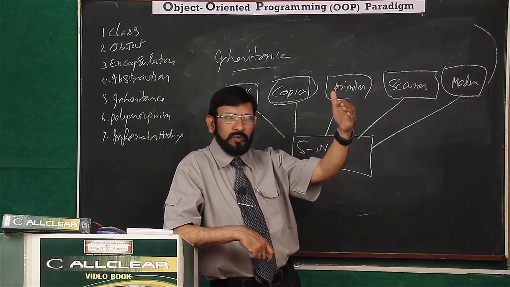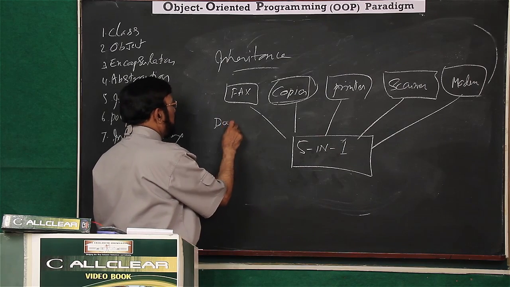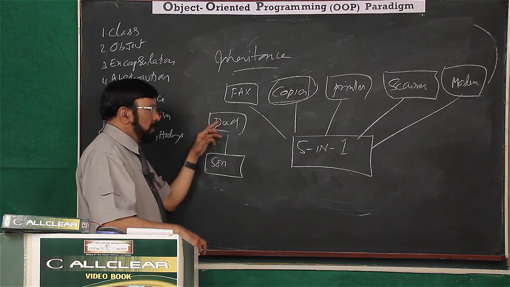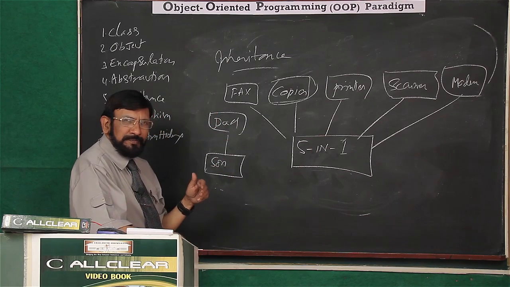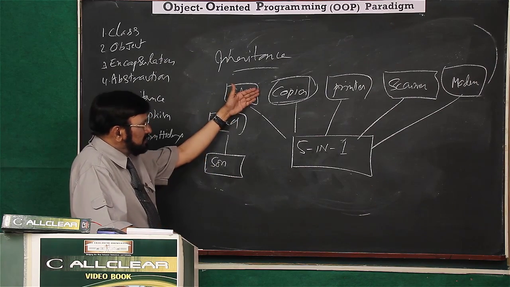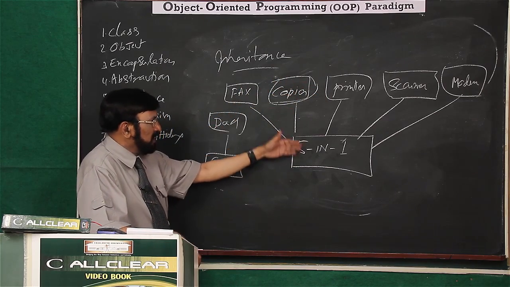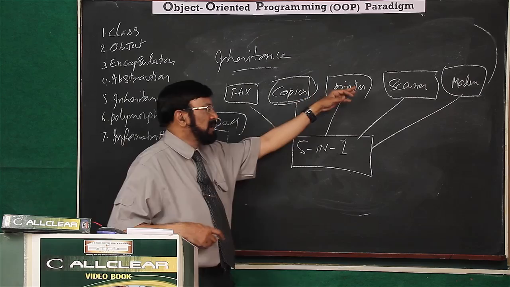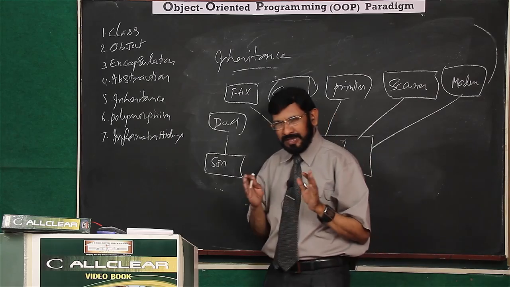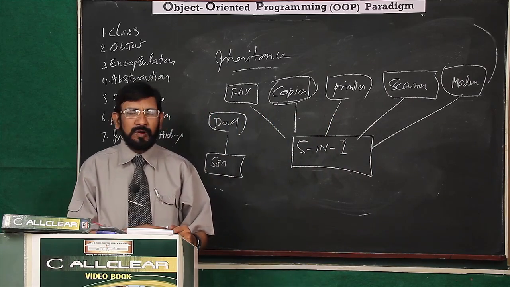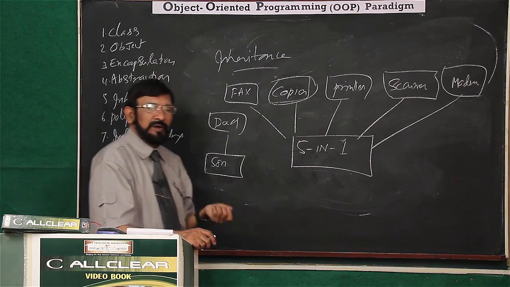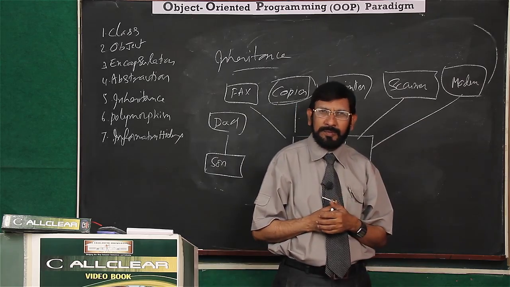It is just like a natural one. This is dad, this is son. So the son inherits the father's property. The son automatically inherits the father's property. In the same way, this is like a father, a superclass, and this is a subclass. Every subclass inherits the father's or forefather's properties. This natural concept is very powerful, and it brought fragrance to object-oriented programming.